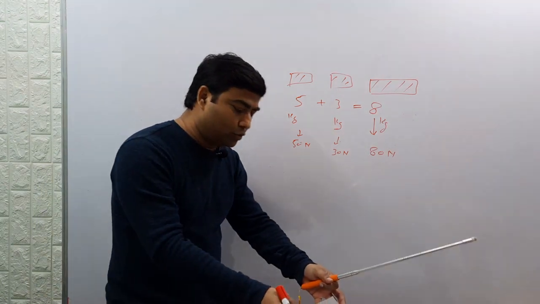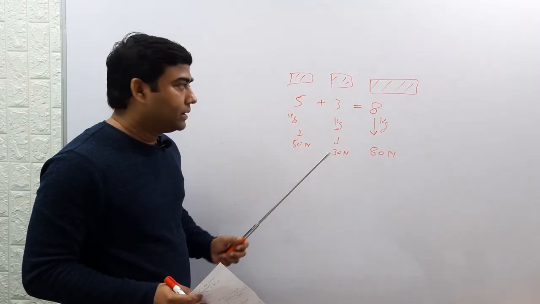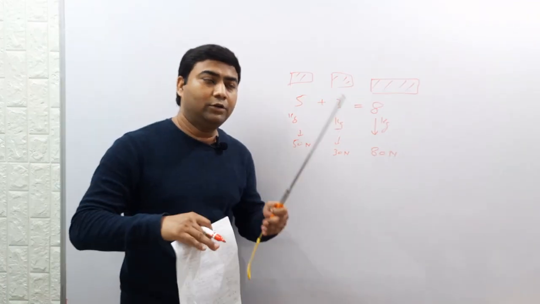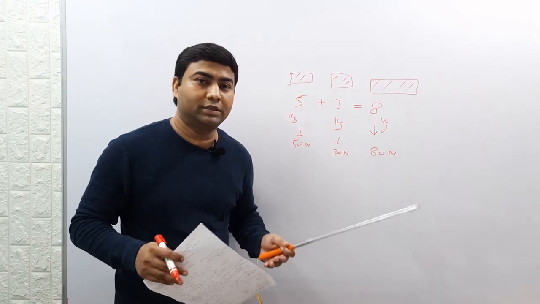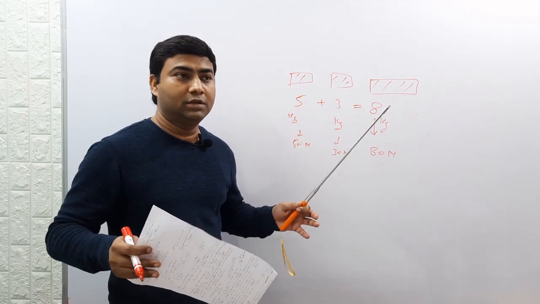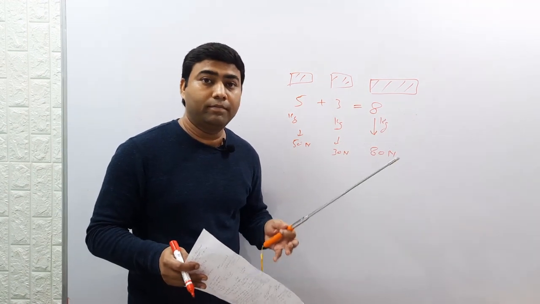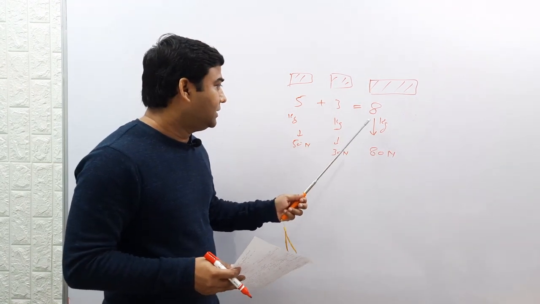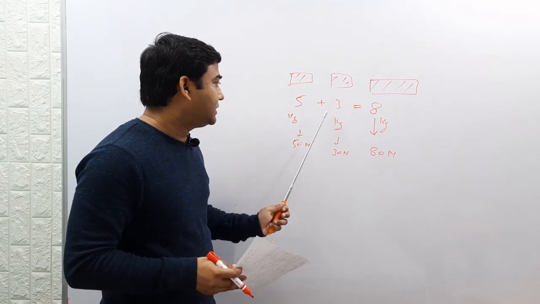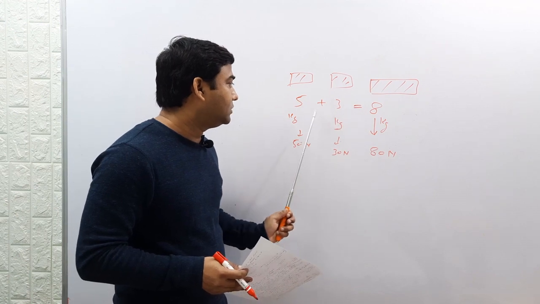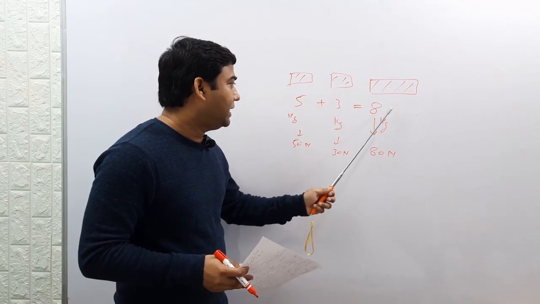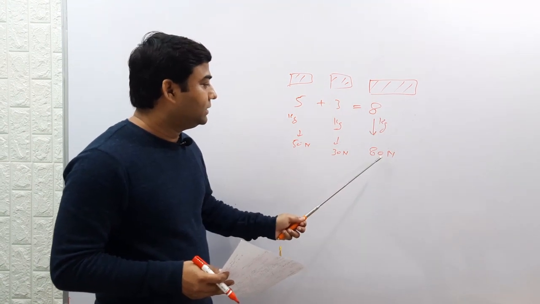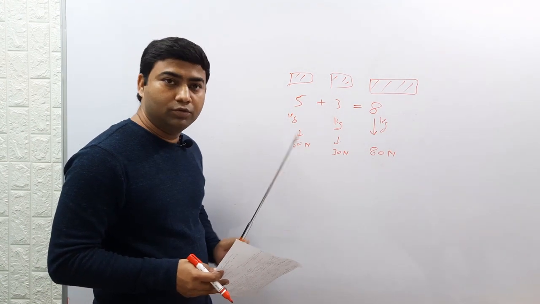When we put those masses together and want to find the resultant force, the resultant effect of this new mass of 8 kilogram, then we can simply add them algebraically, and a mass of 8 kilogram, the new mass, will have attraction due to gravity 80 Newton.